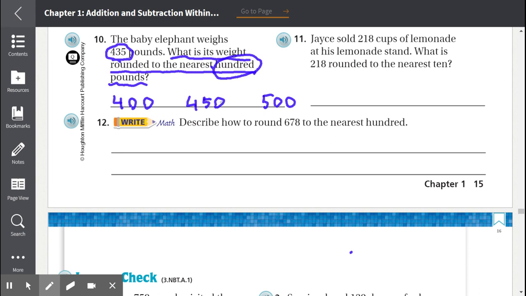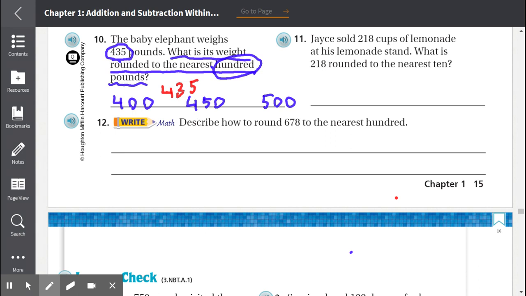Now, let's label and locate 435 between those numbers. So now 435, would that be between 400 and 450 or 450 and 500? 435 would be between 400 and 450.